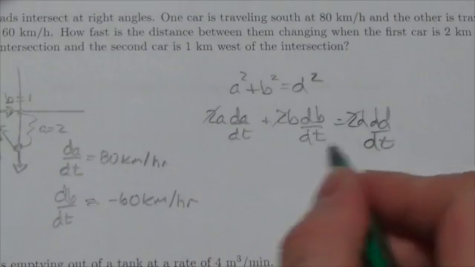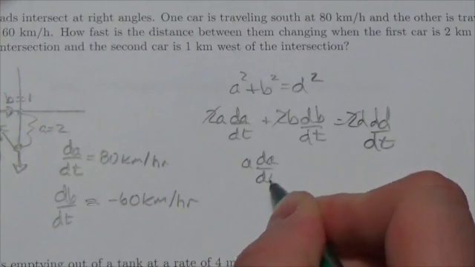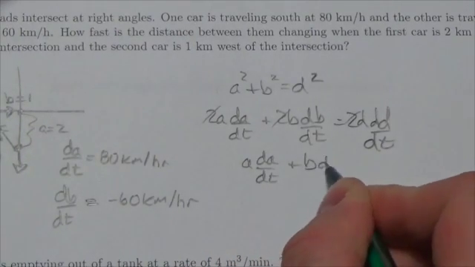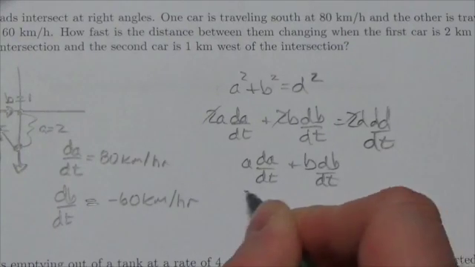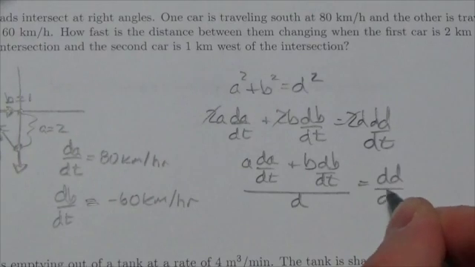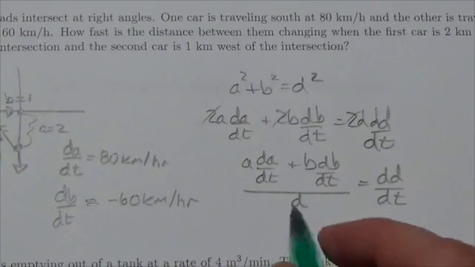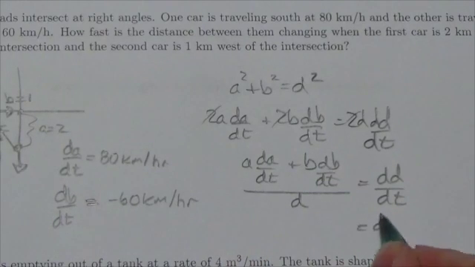So I'm going to divide this whole thing by d. So a dA by dt plus b dB by dt, all over d, will equal dd by dt.